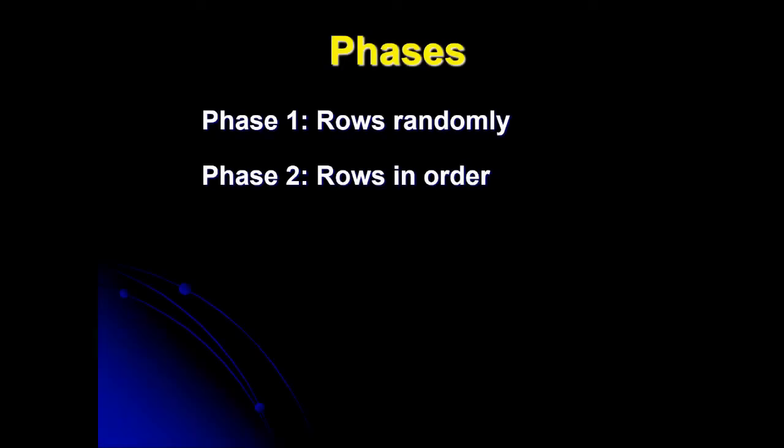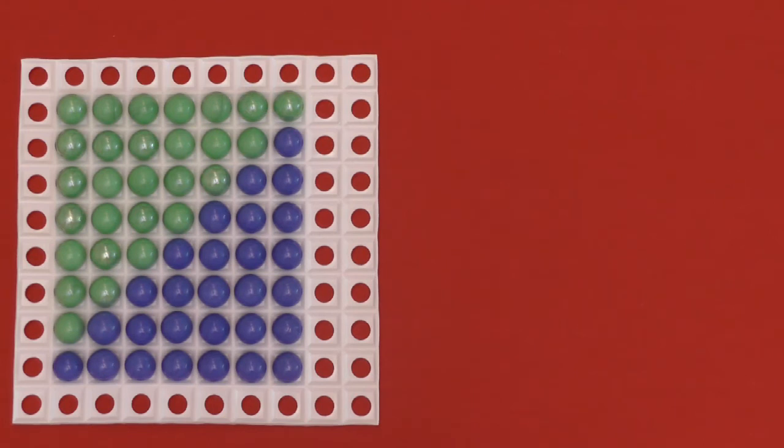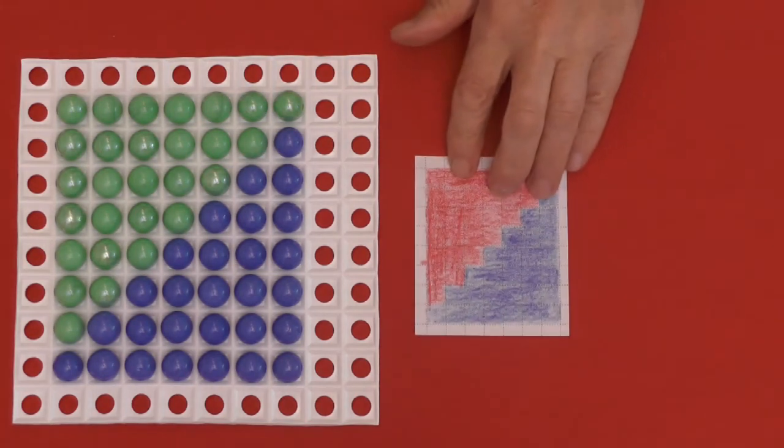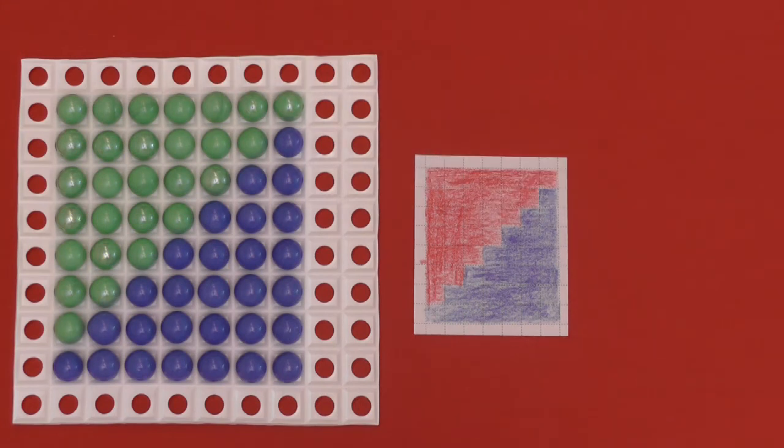Here is a summary of the 4 phases, which are applied to concrete, illustrative and written levels. At a suitable moment, the illustrative version can be introduced. This is the same as in video 5.